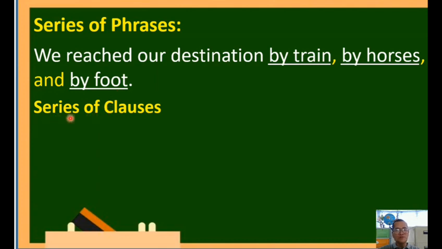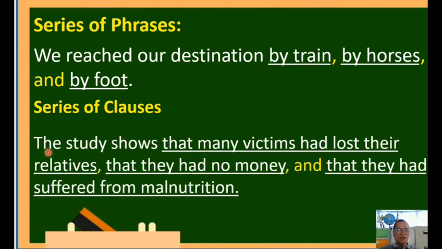Now, example of series by clauses. The study shows that many victims had lost their relatives, that they had no money, and that they had suffered from malnutrition. Now, our phrases in this sentence are the following. Ang una, that many victims had lost their relatives, and then we use a comma.